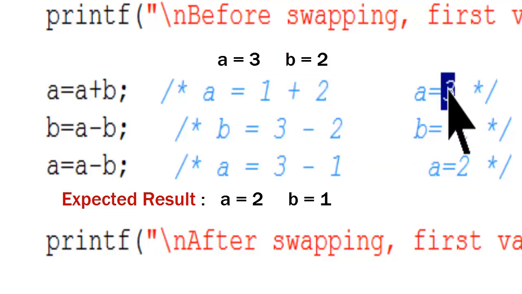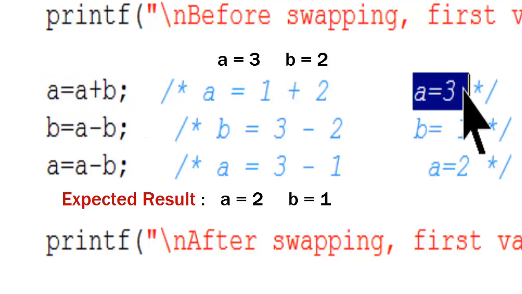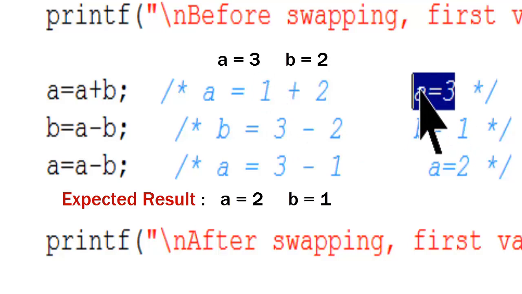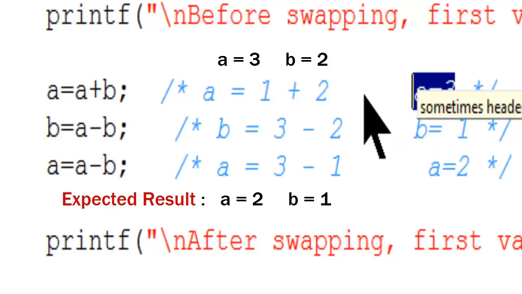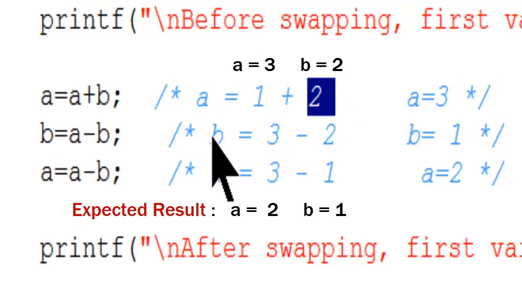After executing this statement, my value of A will be 3. So I have lost my previous value of A, that was 1, and now the value of A is 3. What result am I expecting? I'm expecting my A value to be 2 and B value to be 1. Let's see what happens next.